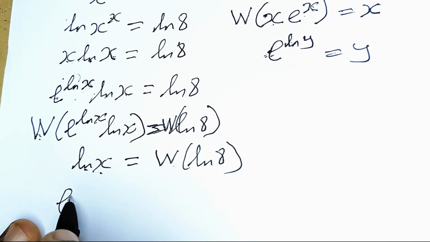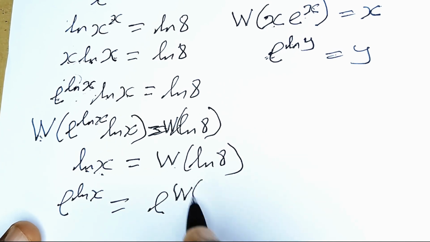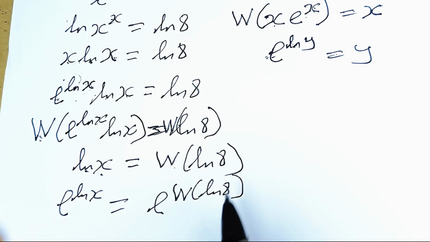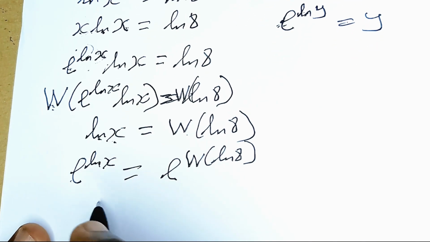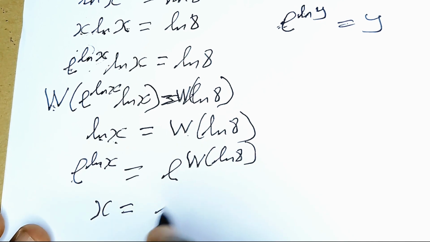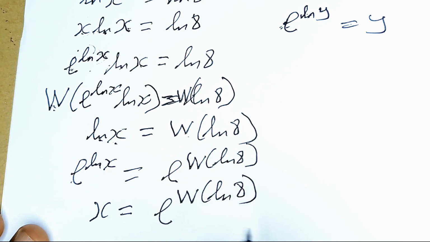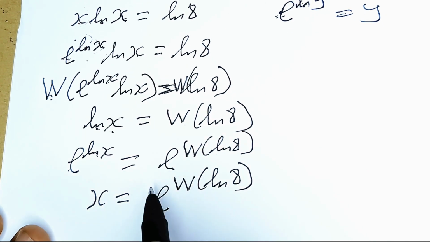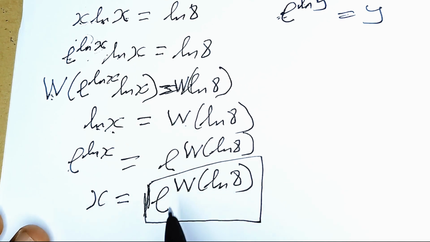So the exponential of ln x is equal to the exponential of the W function of ln 8. This and this cancel each other, so we are left with x is equal to exponential of the W function of ln 8. This is the final answer.